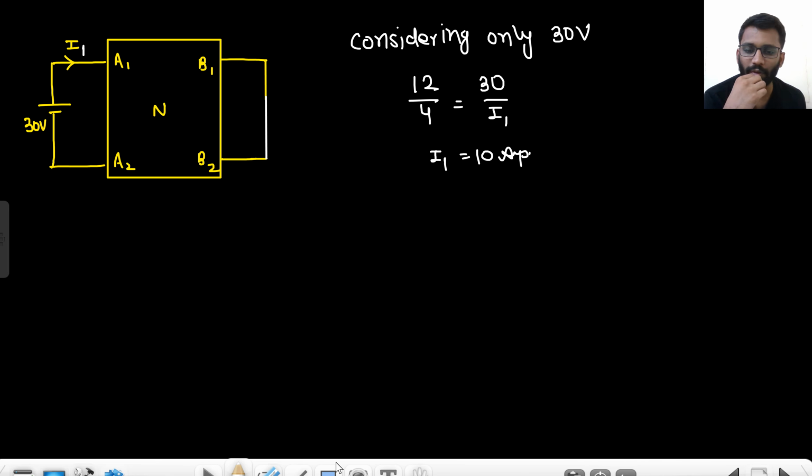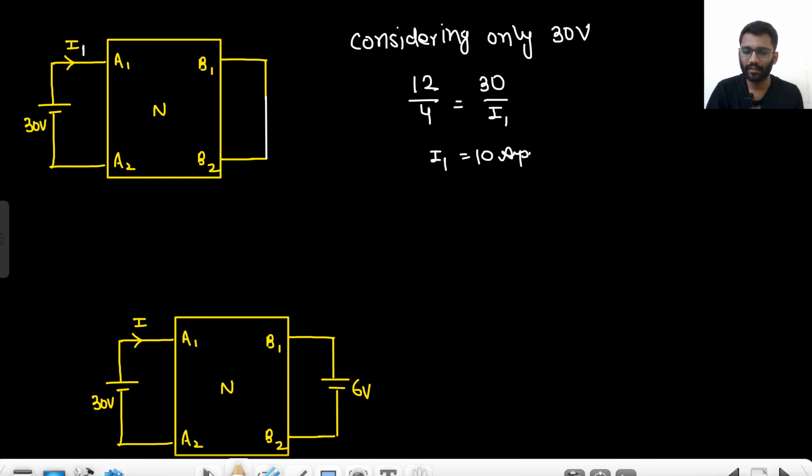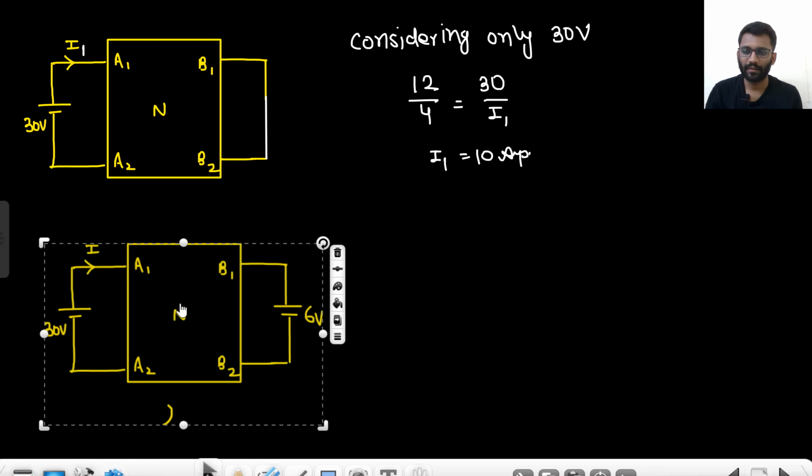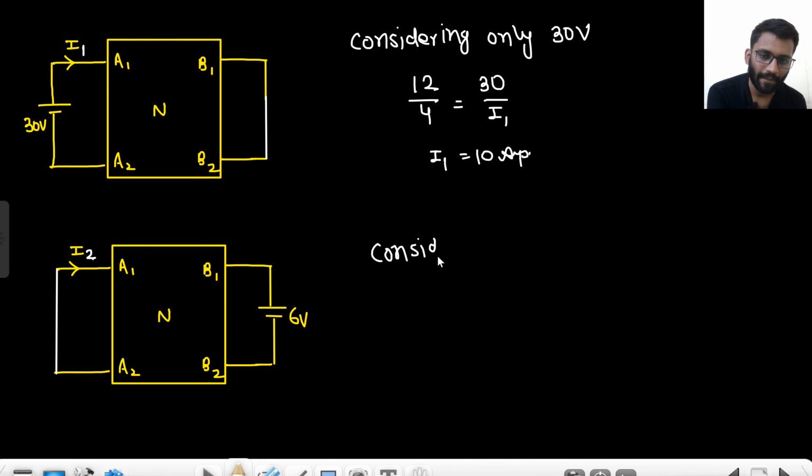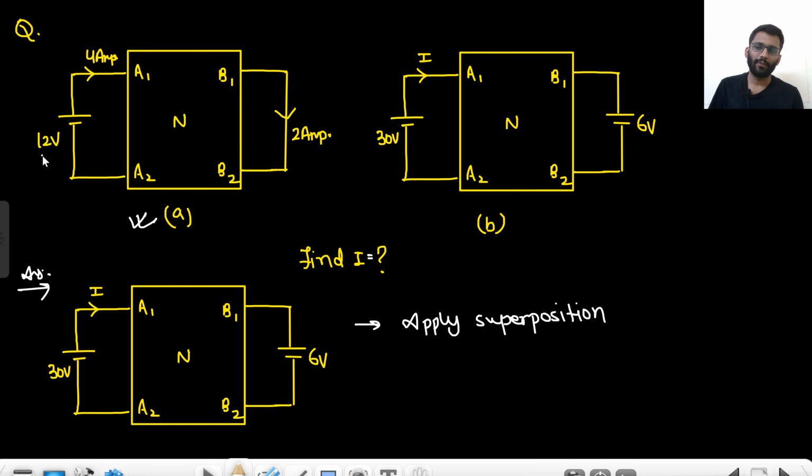Now you will consider only 6 volt, and this current would be I2. If 12 volt was there, 2 ampere current was flowing on this side.